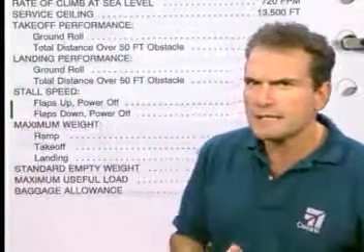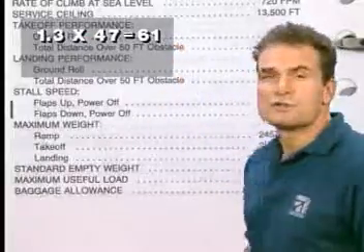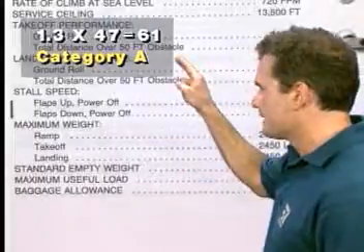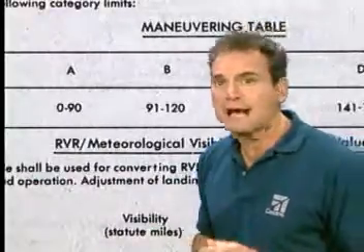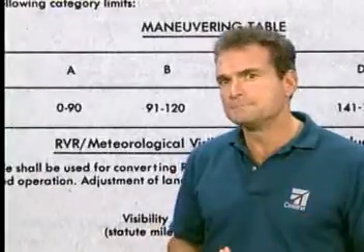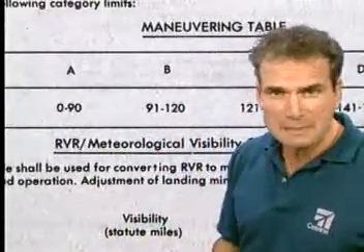Multiplying 1.3 times 47 equals 61 knots, which puts your Skyhawk comfortably within the 0 to 90 knot Category A. But if you're flying at a greater speed than 1.3 VSO, and that greater speed lies in the next higher approach category, you use the minimums under that higher category to make sure you have the appropriate obstruction clearance. For example, if you maneuver your Skyhawk at 95 knots during an approach, use the Category B minimums.